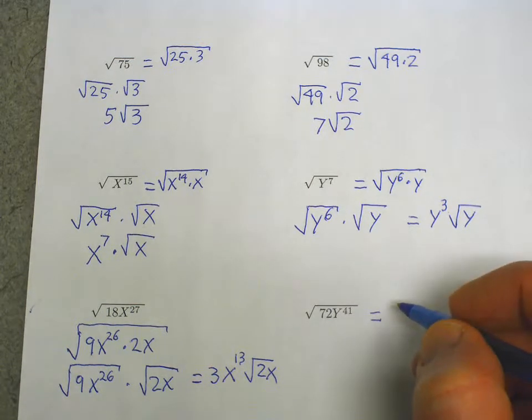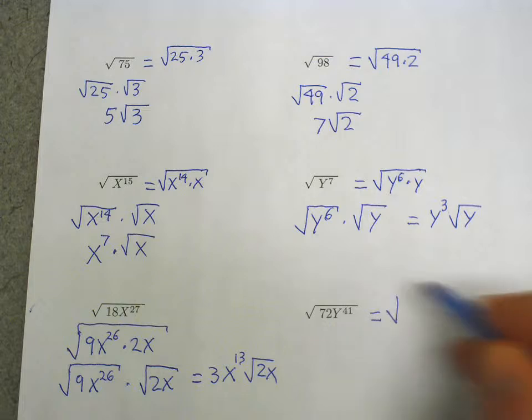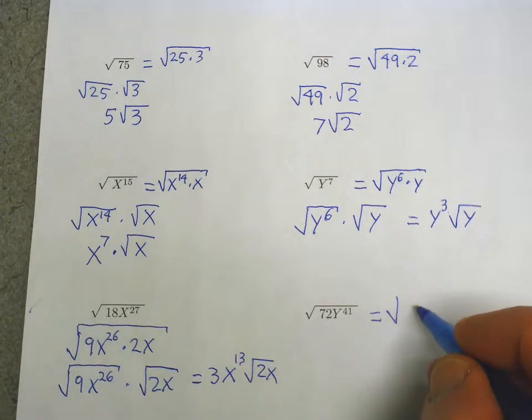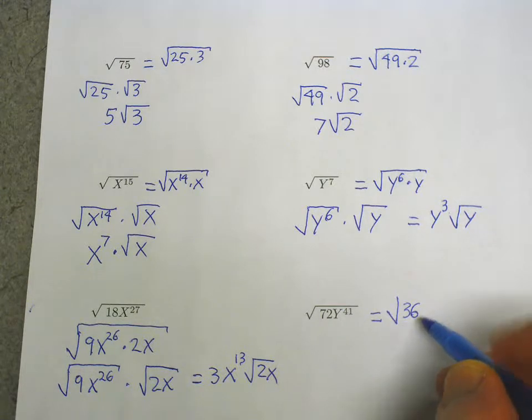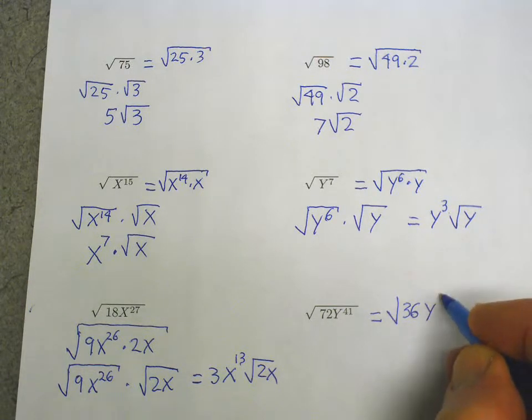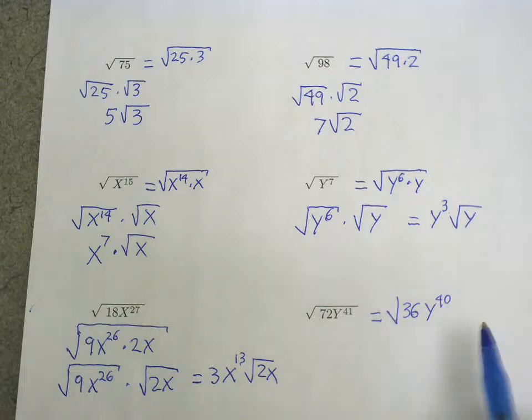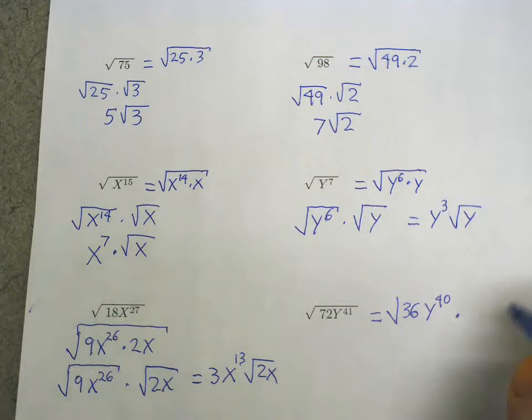So we'll rewrite this, putting the perfect square factors farther to the left. So 36 is a perfect square factor of 72. Y to the 40th is a perfect square factor of y to the 41st. And then we multiply that by the remaining factors, which in this case are just 2 times y.